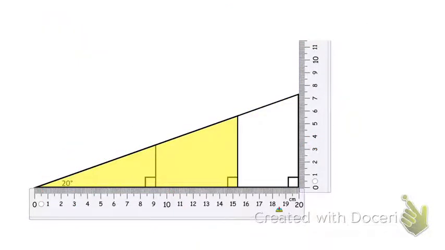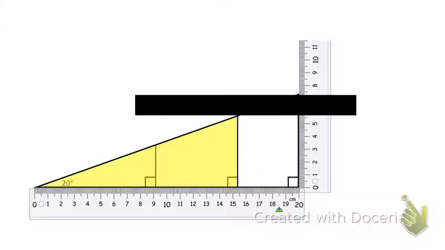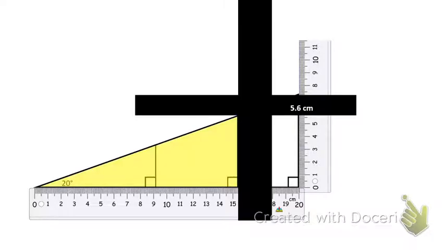Now we're looking at the middle size 20-degree right triangle, and that triangle has a 5.6 side and it has a 15.4 side. So if we label our triangle, reference angle, this is the hypotenuse, this is the adjacent, this is the opposite.